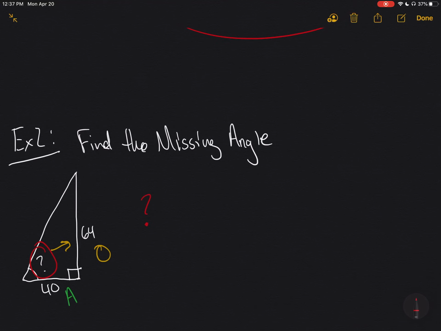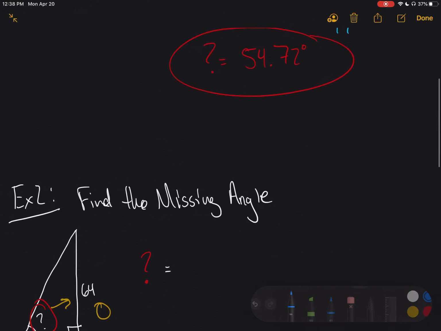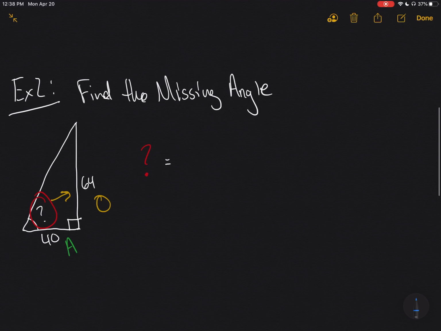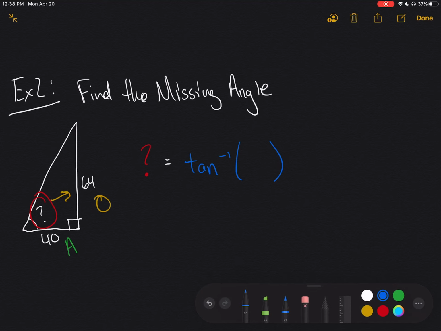So that tells me that I'm going to use inverse trig. And which inverse trig should I use? Well, I have opposite and adjacent. So that would lead me to think that I should be using tangent. So I want the inverse tangent of the opposite over the adjacent, which is 64 divided by 40.